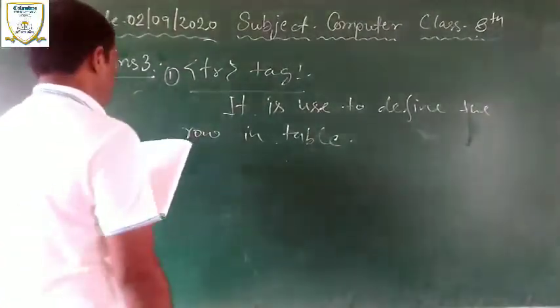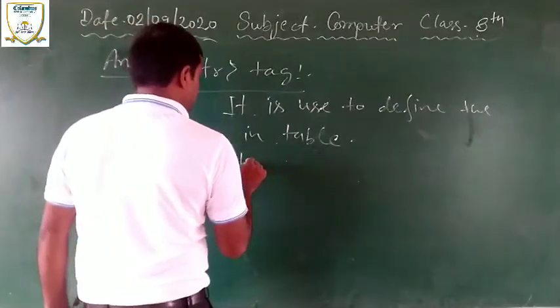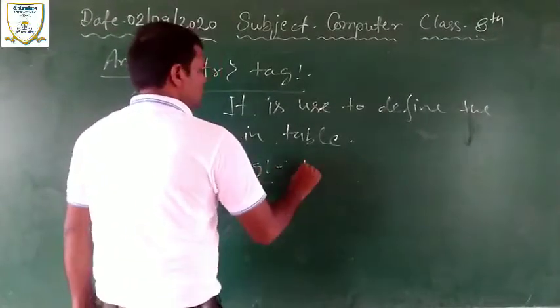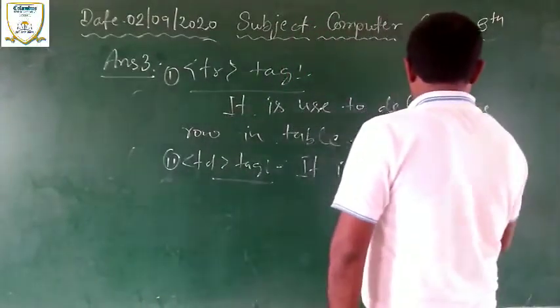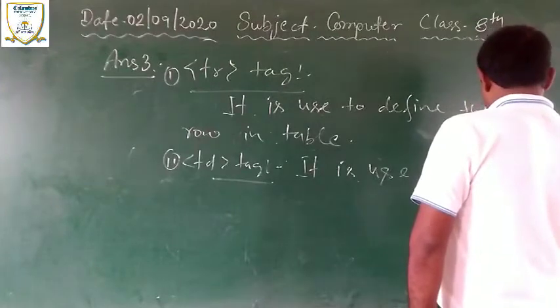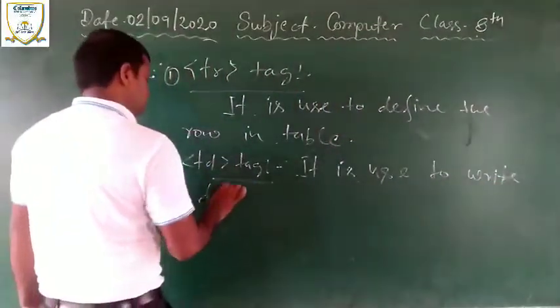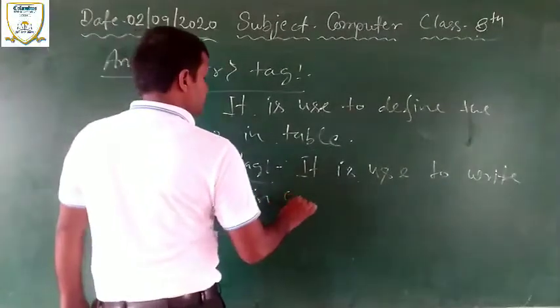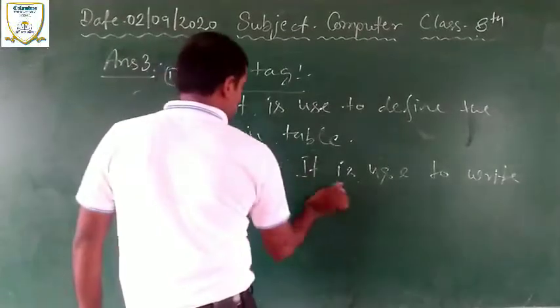Second, TD tag. It is used to write data in a table cell.